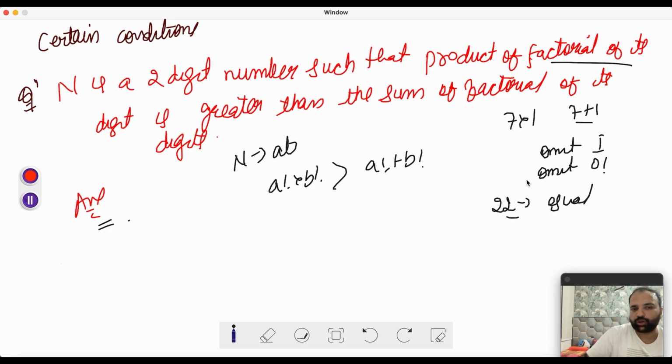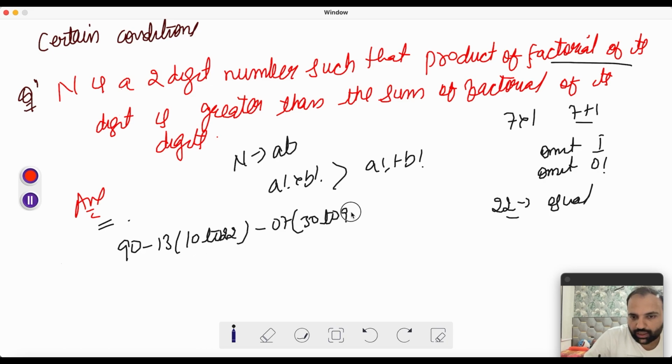So what are we going to omit? First, how many 2-digit numbers are there? There are 90 such numbers. Out of 90, we have to omit all the numbers from 10 to 22, so it will be 13 numbers. And we are omitting all the numbers which have 0: 10, 20, 30. We have already taken 10 and 20, so we omit from 30 to 90.